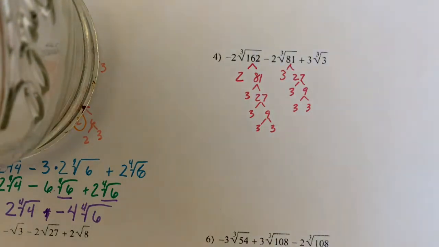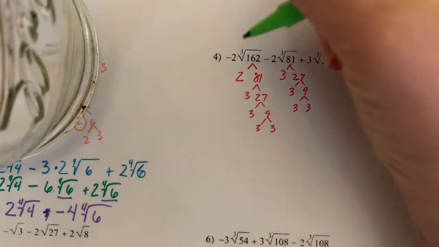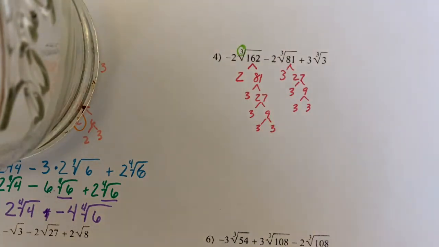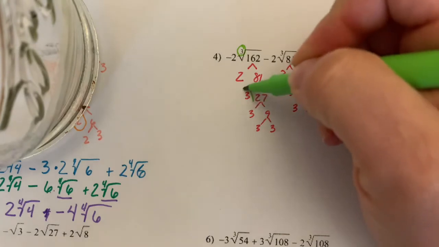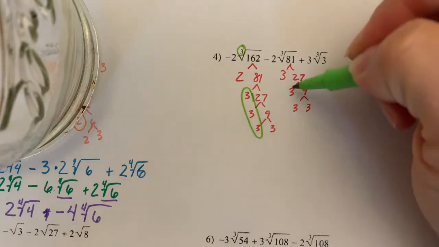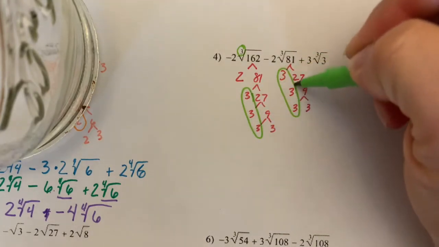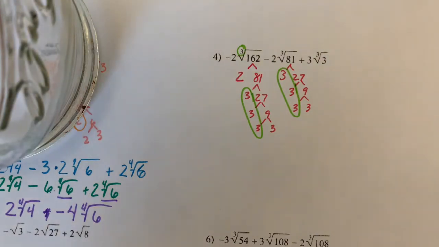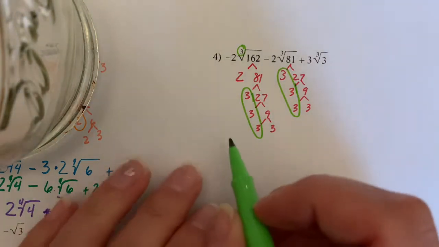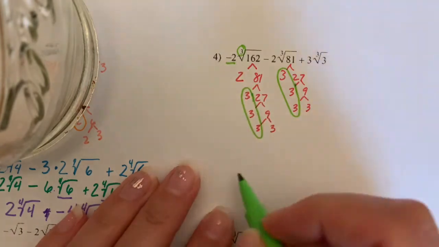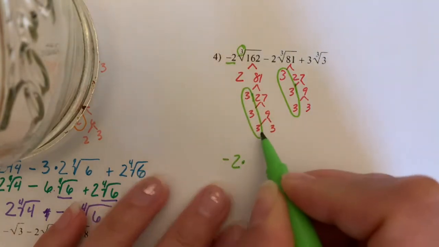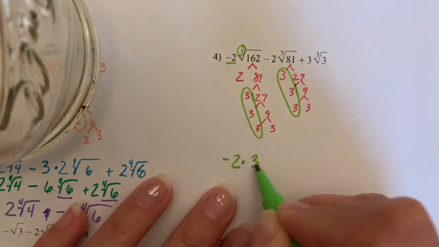So I'm going to look and see how many I need to break it out of jail. I need 3, so I'm going to circle groups of 3. Anything that I circled gets to come out. Anything I did not circle has to stay inside the radical. So I have this -2, and that's going to be multiplied by my group of 3.